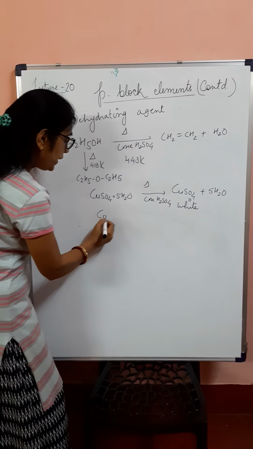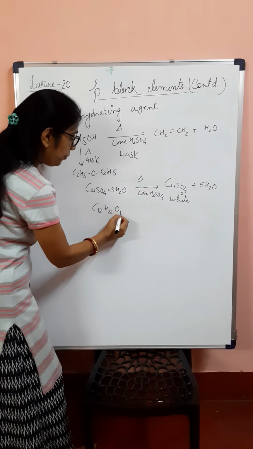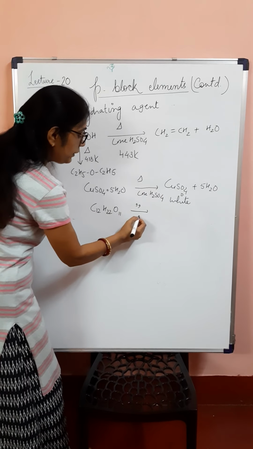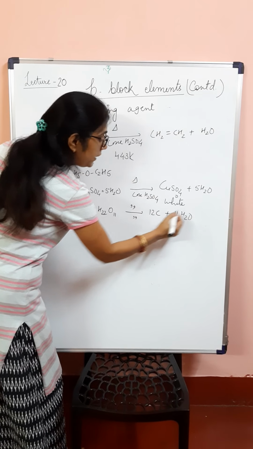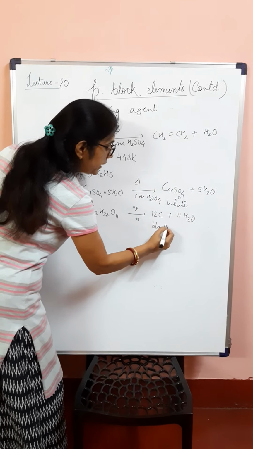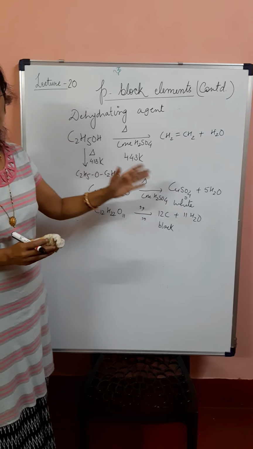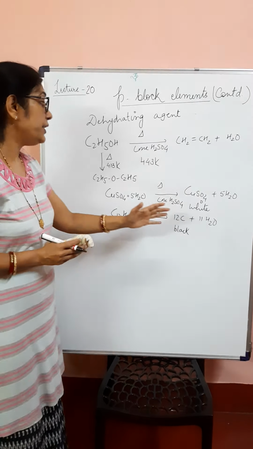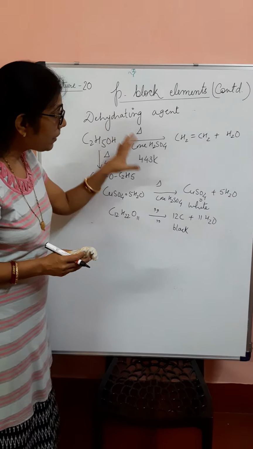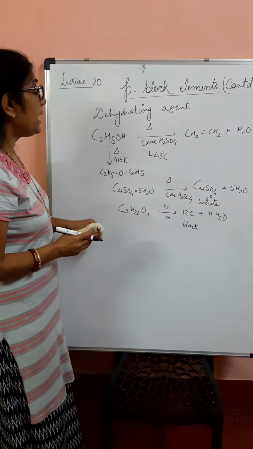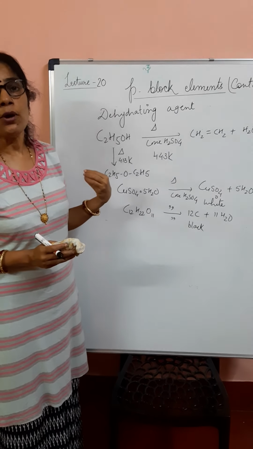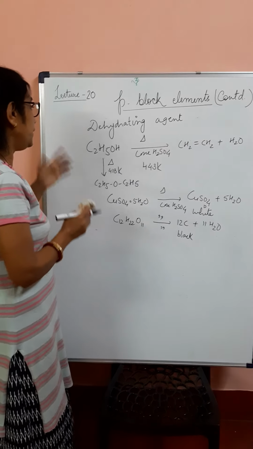Sugar, C12H22O11, upon heating with conc H2SO4, we get carbon and therefore it turns black. And this reaction is known as charring. So these are some of the important reactions which show that conc H2SO4 has its dehydrating properties.